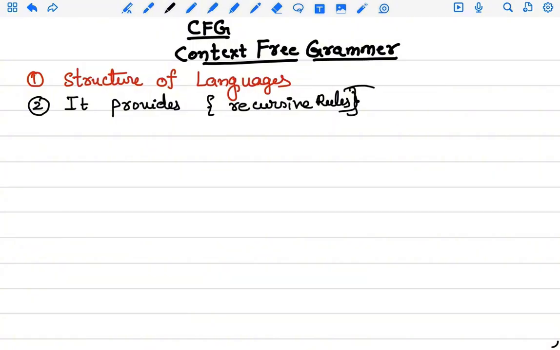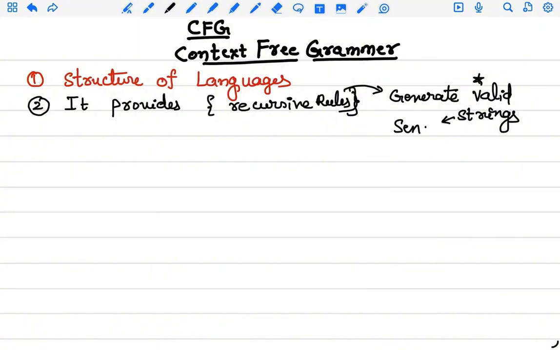To generate valid strings, this is important, friends. Valid strings. That is, context free grammar provides recursive rules, and it generates valid strings, meaning sentences.